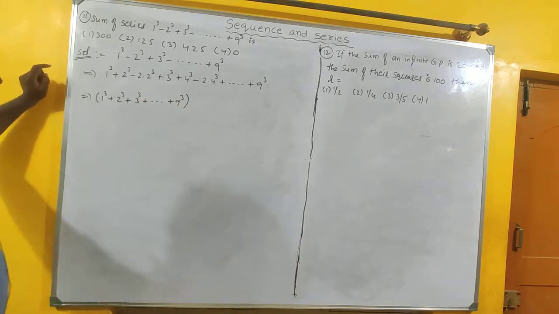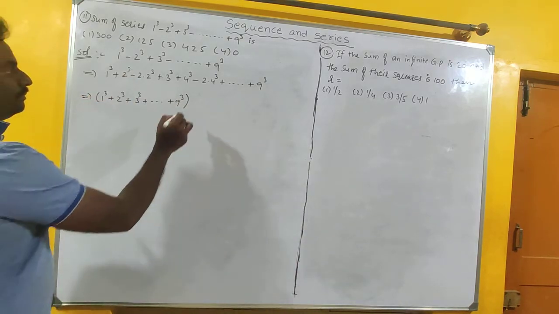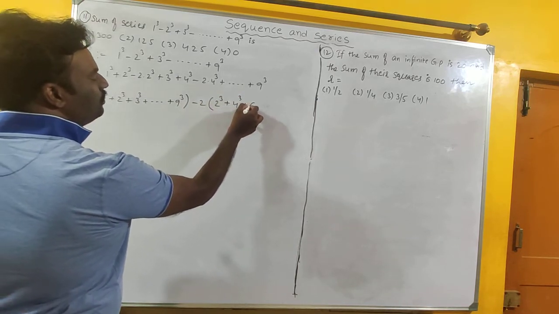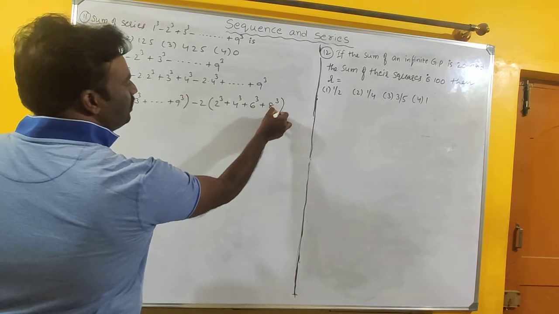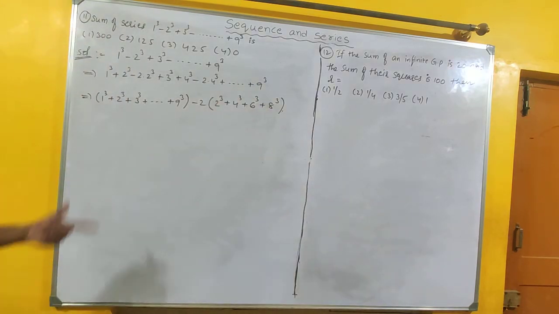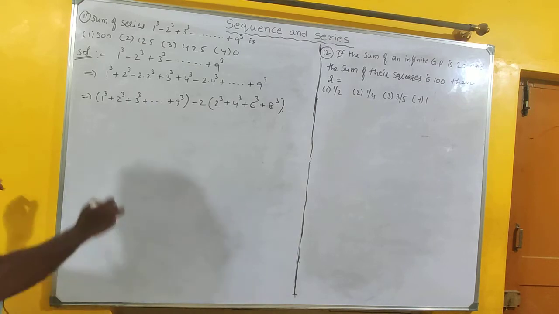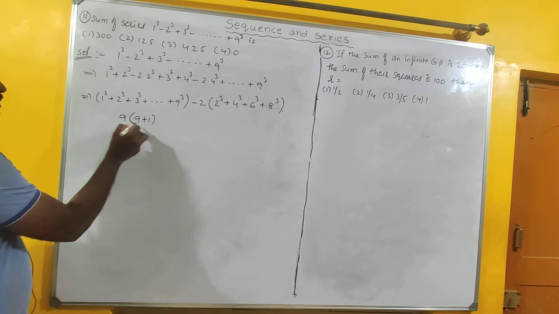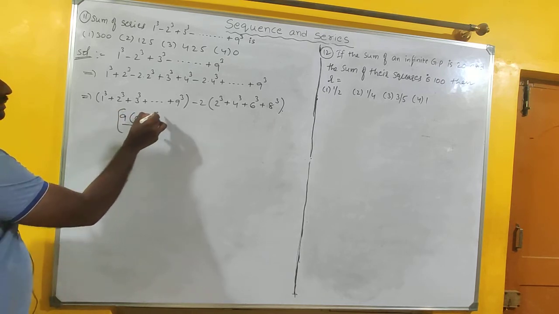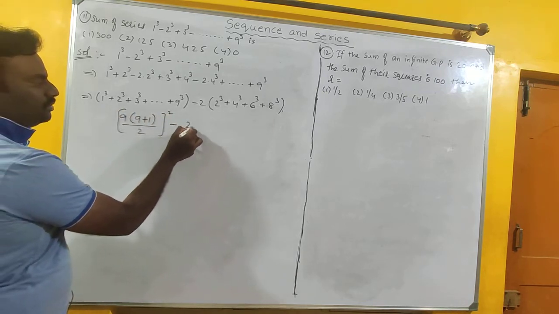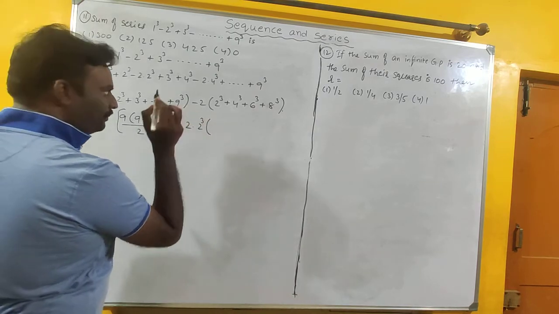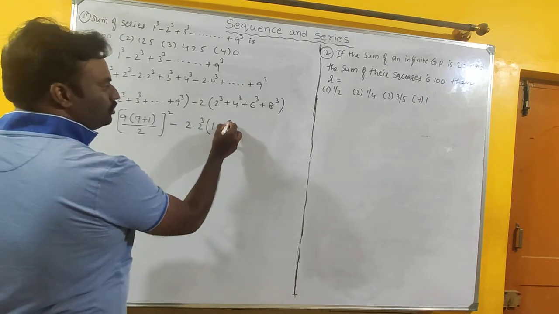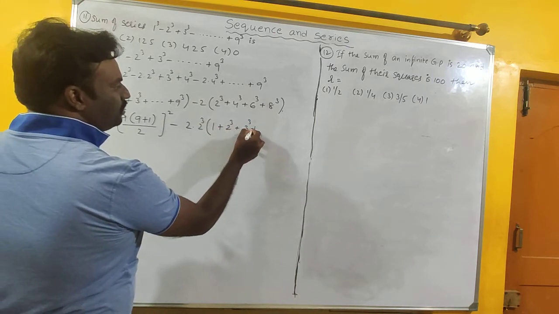In the remaining terms I am taking the minus common. Then what will you get? 2 cube, 4 cube, 6 cube, 8 cube. This is the formula for the sum of cubes of natural numbers: n into n plus 1 by 2, whole square, minus 2 into, taking 2 cube common, 1 cube, 2 cube, 3 cube, 4 cube.